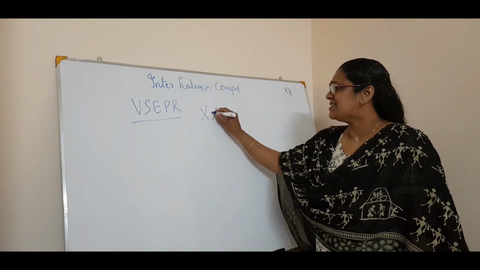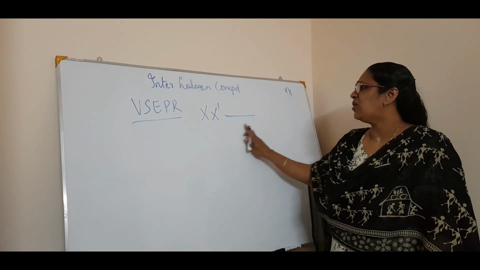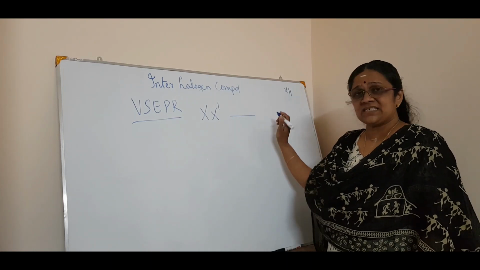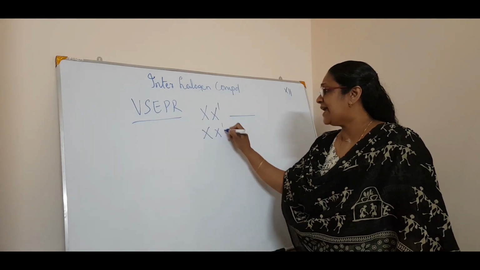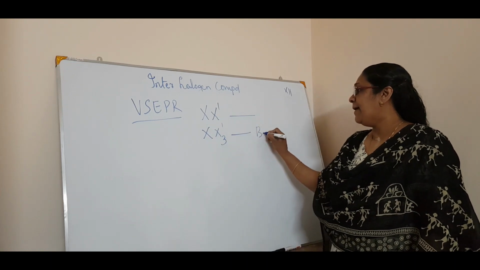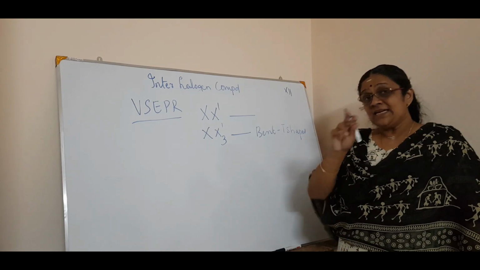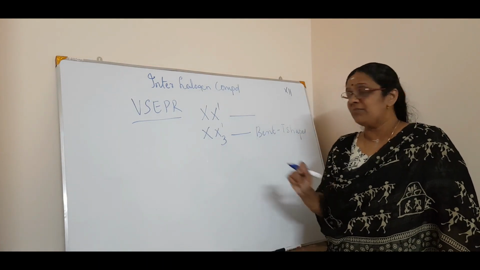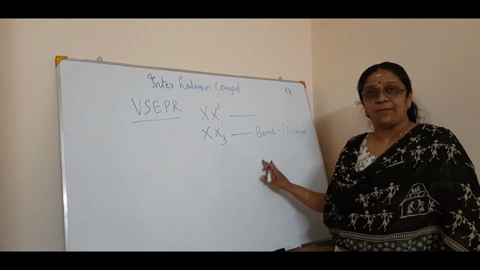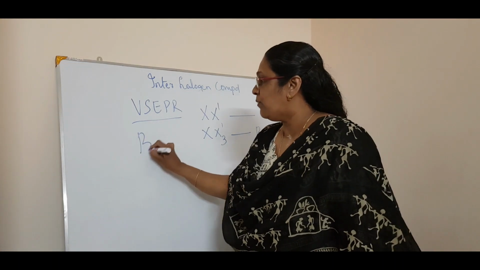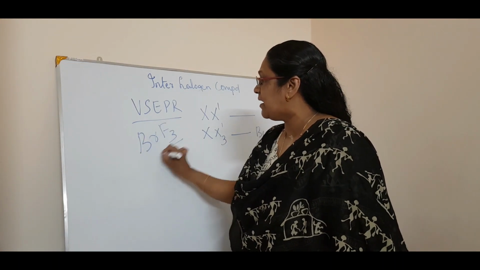And for XX', it is not fully done, so we just leave it like that. And for XX'3, it will be a bent T-shaped structure. Actually, it is a trigonal bipyramidal structure, but we call it a bent T-shaped structure. And we will see one of that structure, BrF3.